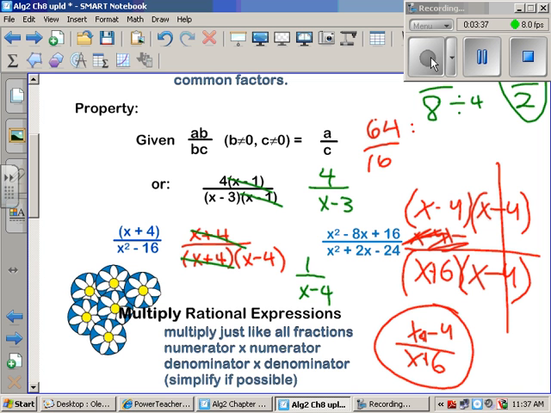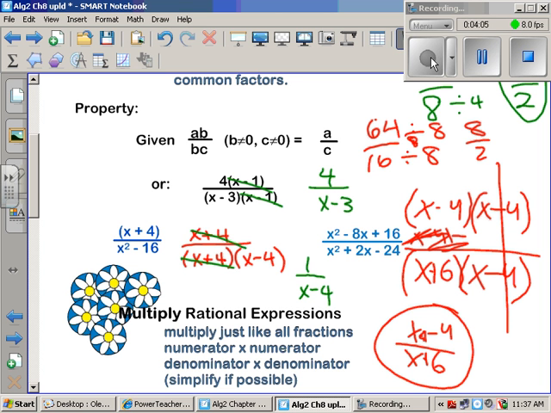There are 2 8s in the top, but do I divide them both out when I do that? No. I end up with 8 over 2, right? There's 2 8s here, but there's only enough down the bottom for 1 8 to be divided out, so I divide out one. Same thing here. There's only enough for x minus 4 to cancel one set out. This x minus 4 stays.